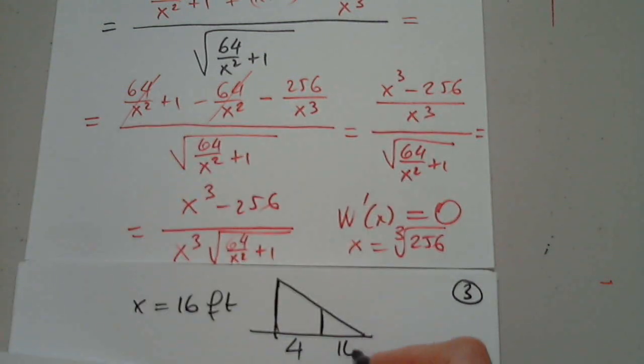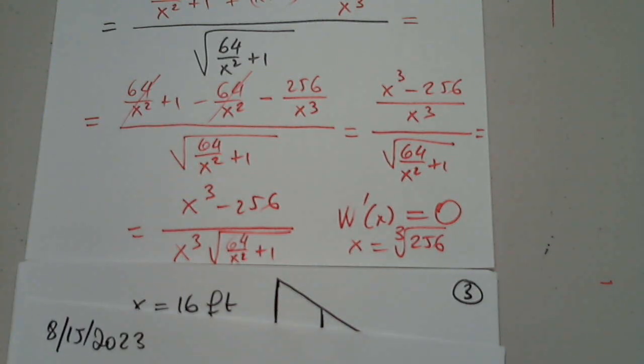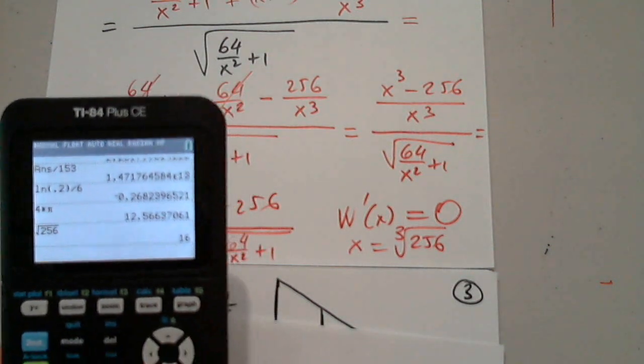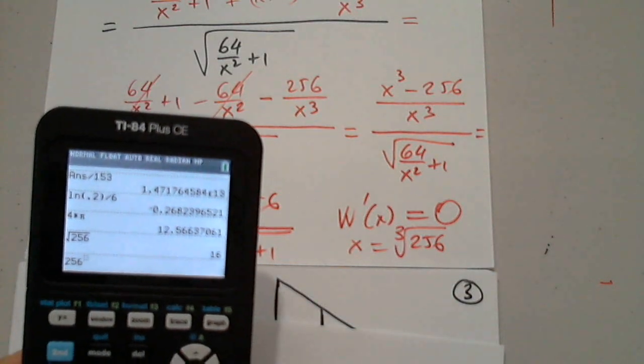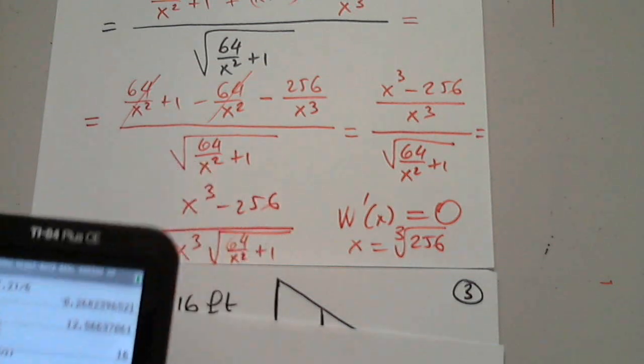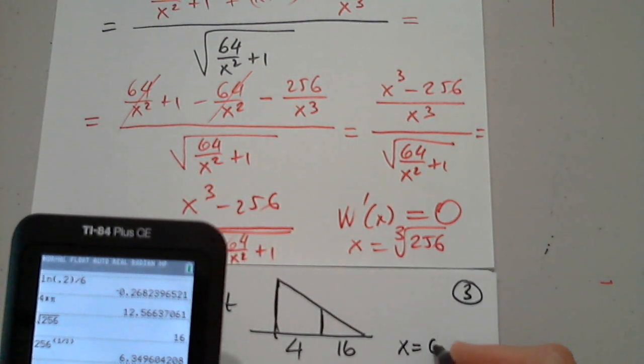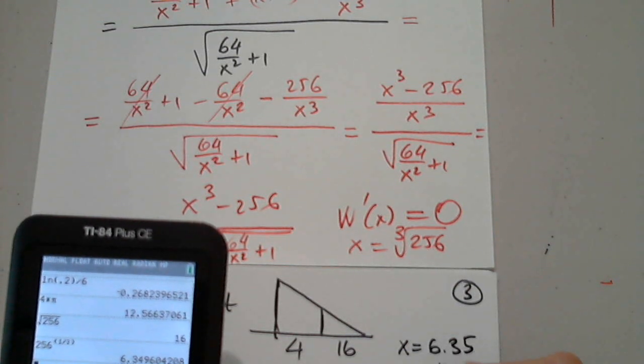And this, Professor, was, yes? It was the cube root of 256. Oh, I took the square root. Oh, no. Thank you. So 256 to the power of 1 divided by 3, and they said 2 decimal places. Okay, so x equals 6.35 feet.